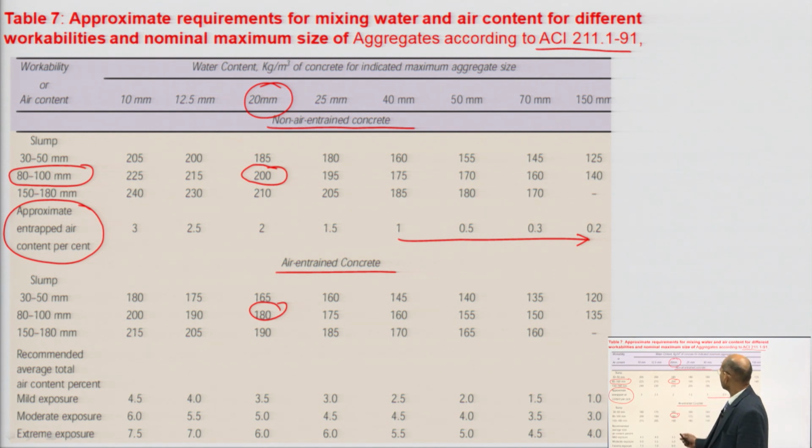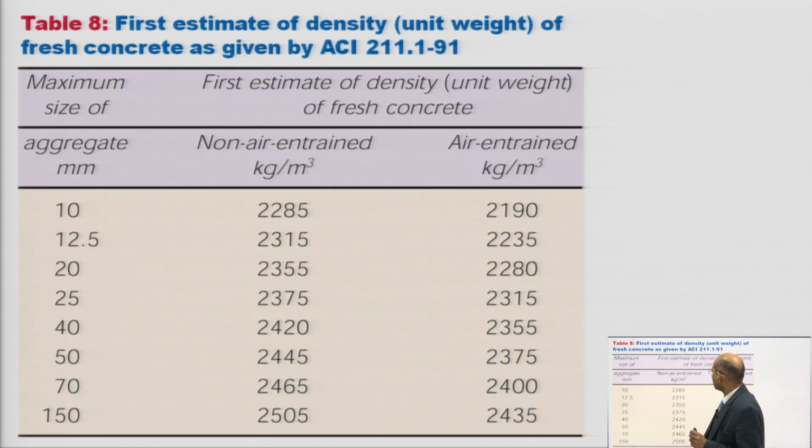Here we have to take this table, this is a very important table. Then the first estimate of density, unit weight, of fresh concrete as given by ACI. Let us say we have a maximum size of aggregate of 20 mm.